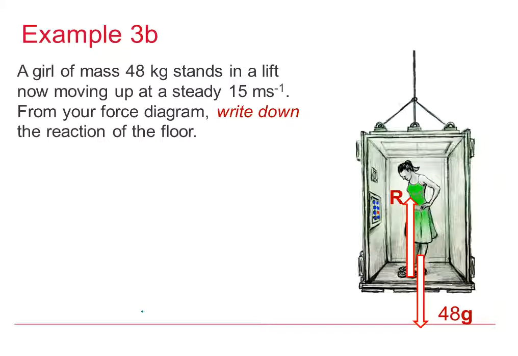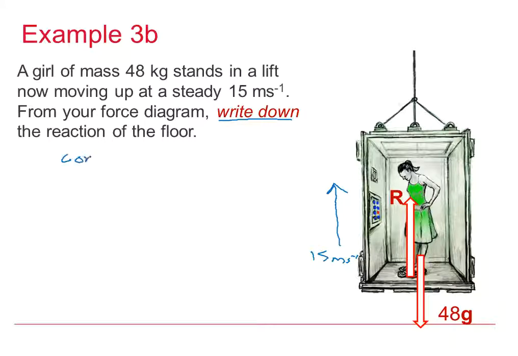In this question, the lift is now moving at a steady 15 meters per second, and the question says we should be able to write down the reaction force. So this time I'm going to put a single-headed arrow to show the speed, 15 meters per second. So the thought process is we've got constant speed.